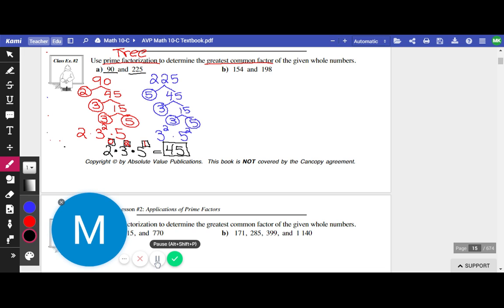So if I wanted to find the greatest common factor between 154 and 198, I need to write them as a product of primes. On the sideboard, 154 becomes 2 times 7 times 11. 198 on the sideboard becomes 2 times 3 squared times 11.